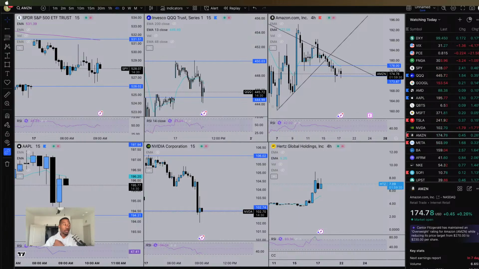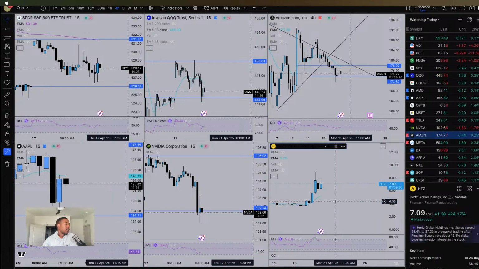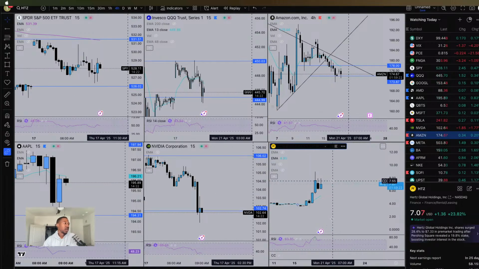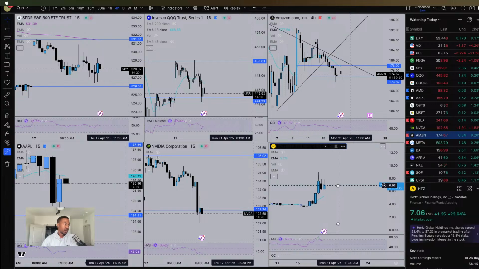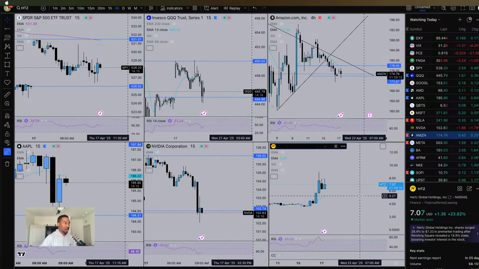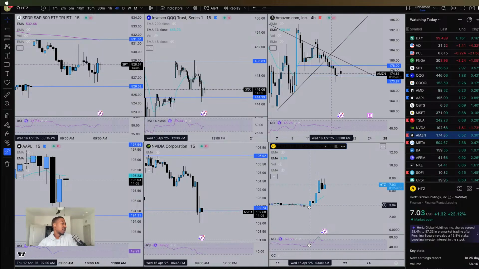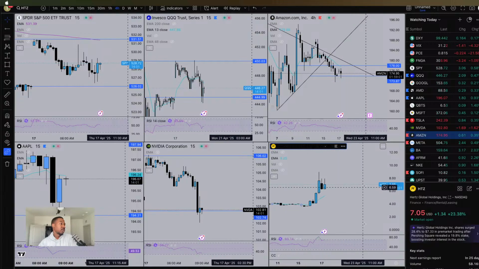You said thinking bullish for Hertz? I would say plenty of bullishness has already happened. I'm not doing anything with Hertz. I was just showing it because it's got some hype. I don't personally have any feeling about Hertz, so I stay away from it. But there are times when stocks do something like this and they continue to push up.